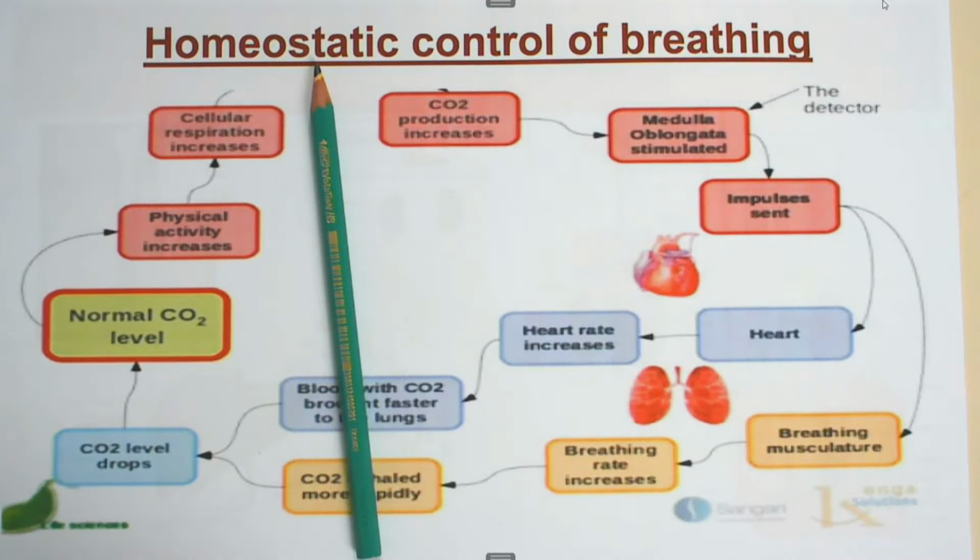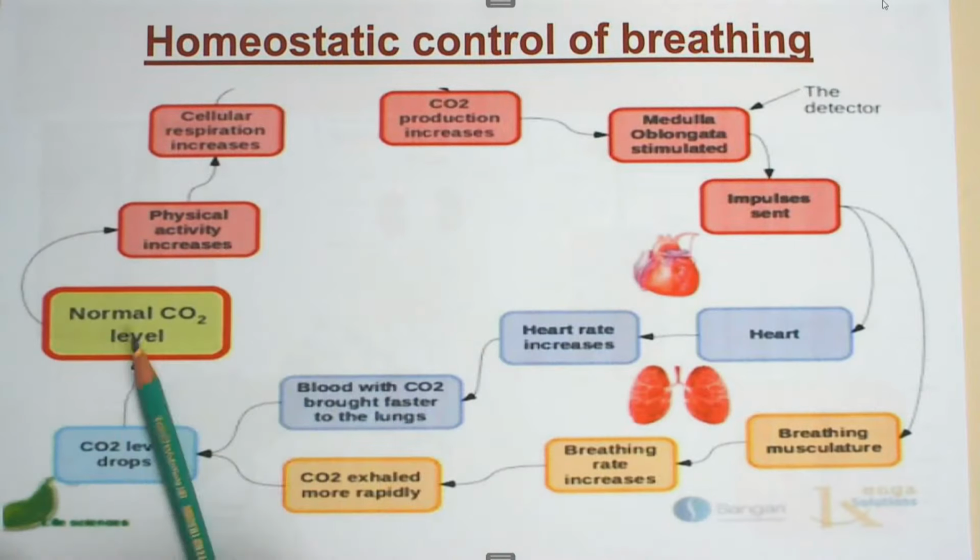So all the different things in your body, I'm talking about glucose levels, thyroxine levels, oxygen levels, carbon dioxide levels, water levels, salt levels, all of that must be in homeostasis, in control. It must be at what we say here a normal level for your body to actually work much better.